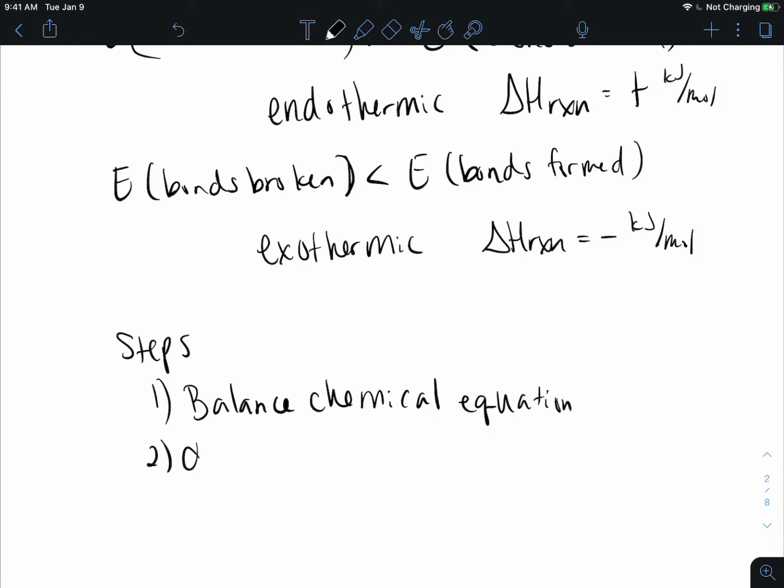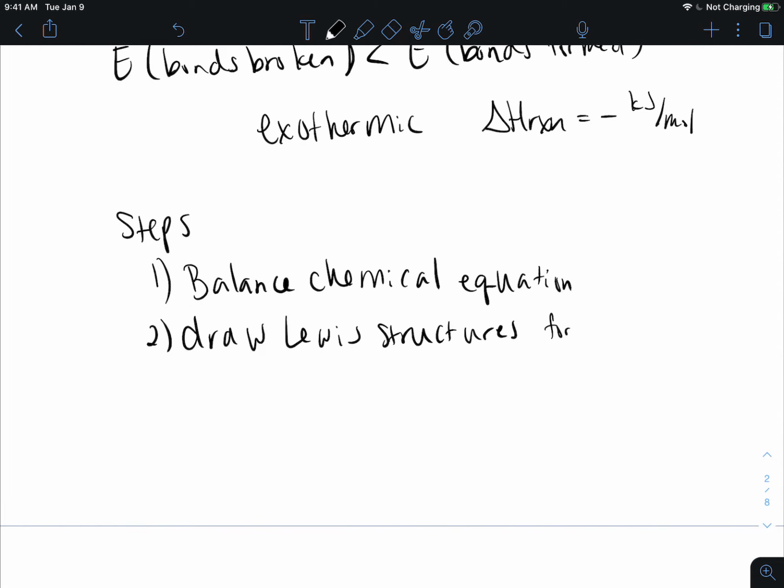Then you're going to draw Lewis structures for all molecules in the chemical equation.